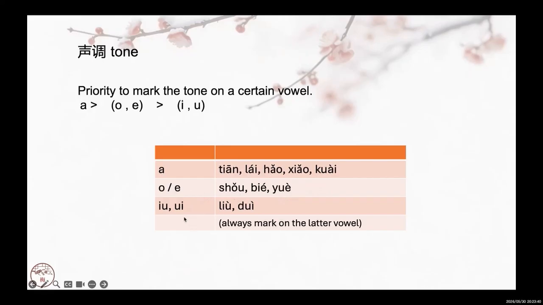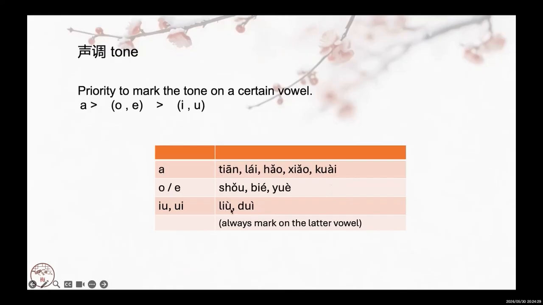The third priority: without a, without o, without e, but it has i and u. If rules number 1 and 2 do not apply, we mark the tone on the i or u. When i and u come together, we always mark the tone on the latter vowel.